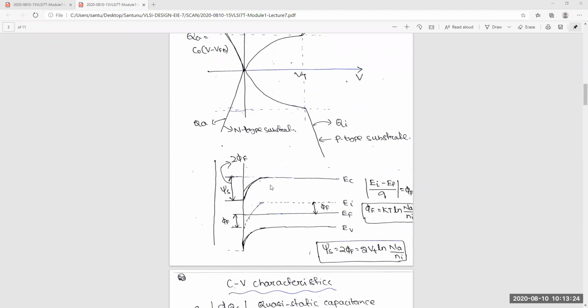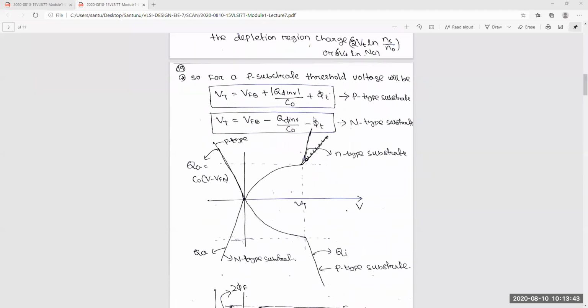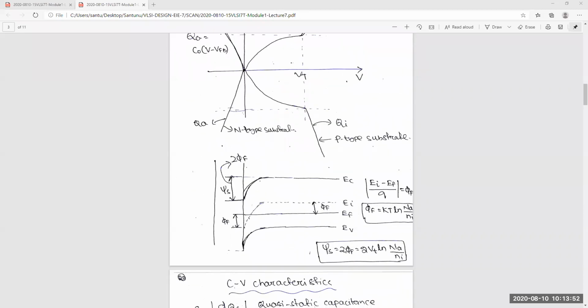Now you can see this band diagram. Generally this psi s, we are putting as 2 phi f. Psi s is nothing but phi t, the surface potential across the semiconductor part. How is it 2 phi f?